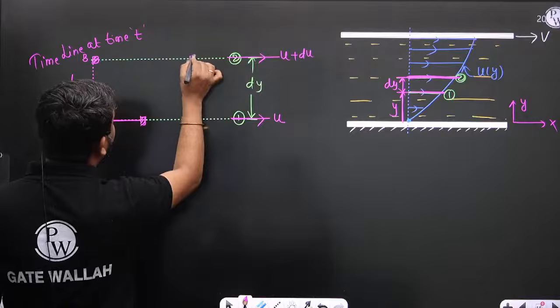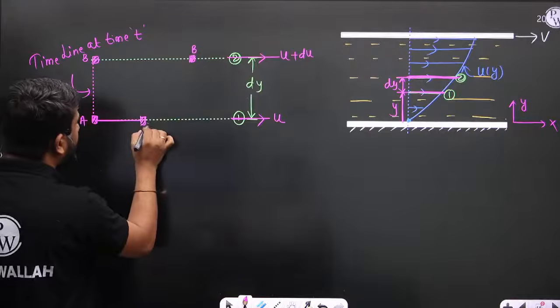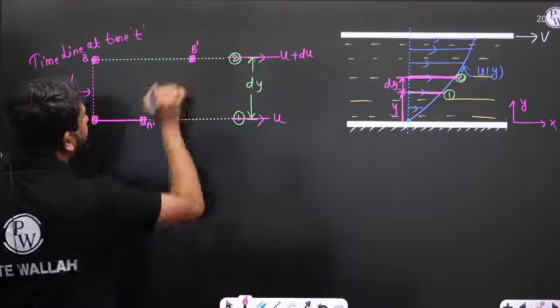Let us consider this fluid particle reaches here. Or I can say this is A dash and this is B dash.